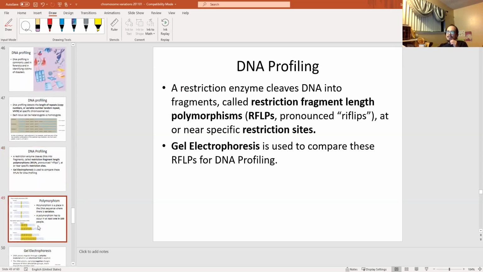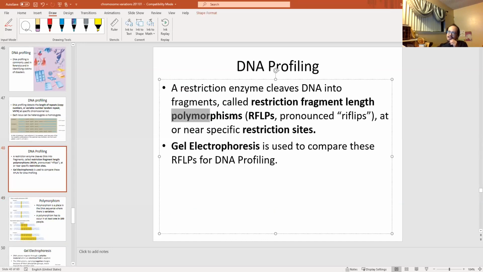So that's that. Now, before we look into it, let's explain what it means. What's the meaning of polymorphism in the genetic world? This term means poly means multiple, morphism means form. So basically, this means that in the wild type, in the general population, we have different forms of the gene, and that's what it means.